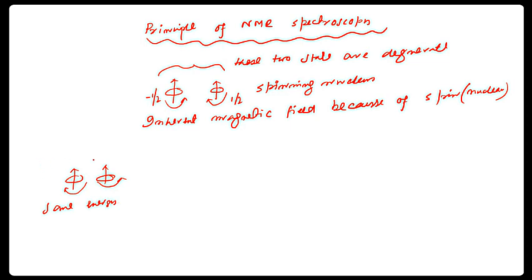Now, after this state, if we apply a strong magnetic field, let's say B0, then what will happen? These are degenerate, and as this is a spinning nucleus, it has an inherent magnetic field, which is the magnetic field that generates from the spinning of the nucleus around its axis.